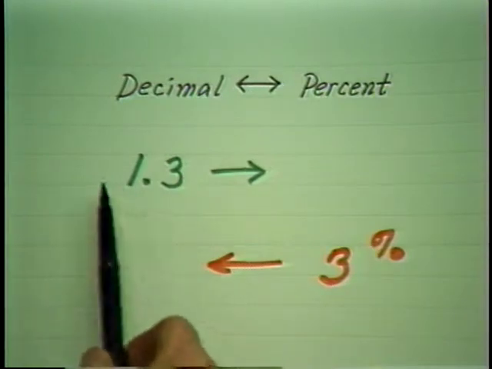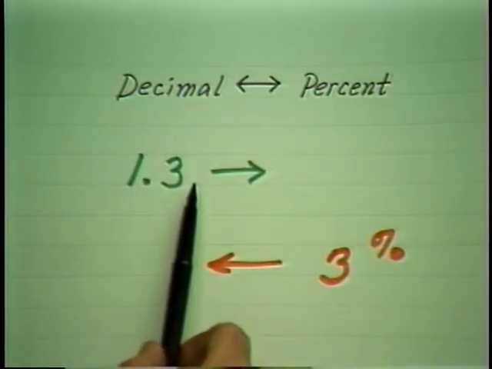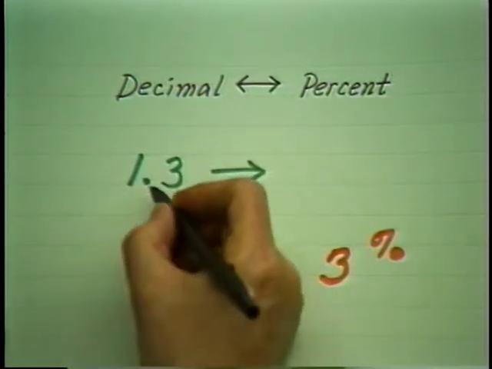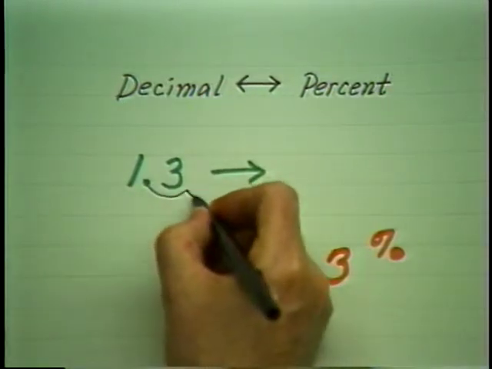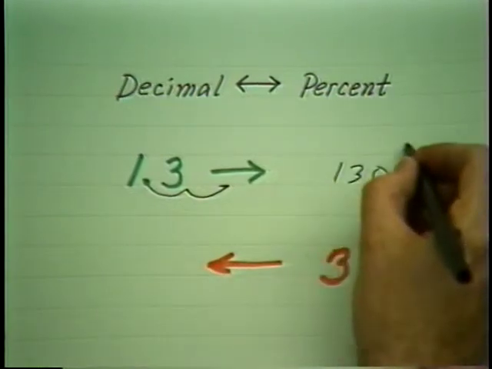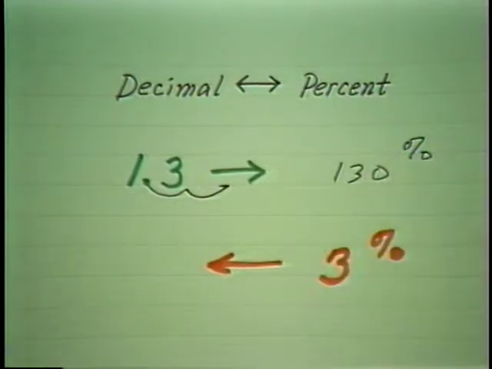An example, here's a pure decimal. If I wanted to change it to a percent representation, I would move it 2 places to the percent and stick the percent sign on.